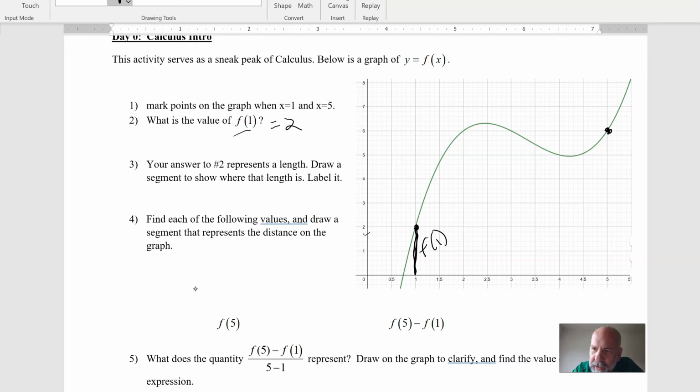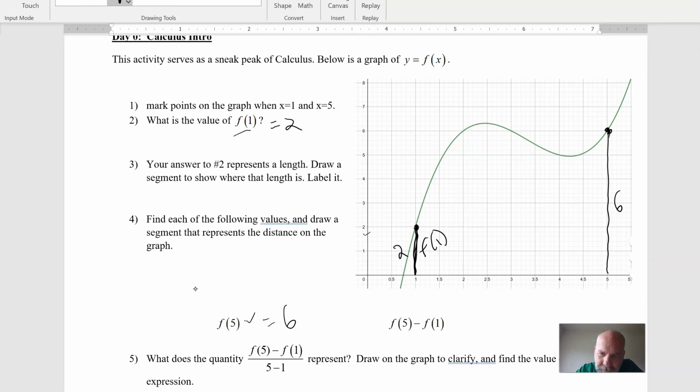Okay, so here's the segment for f of 5. And f of 5 is 1, 2, 3, 6. F of 5 is 6, and this is 2. Cool, I can do that. And then I'm supposed to find f of 5 minus f of 1, and draw a segment that relates to that.